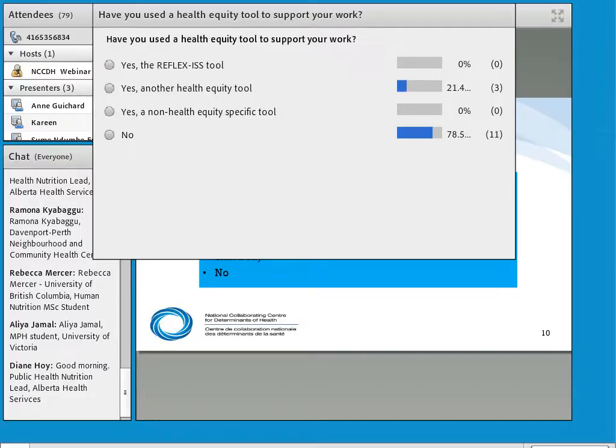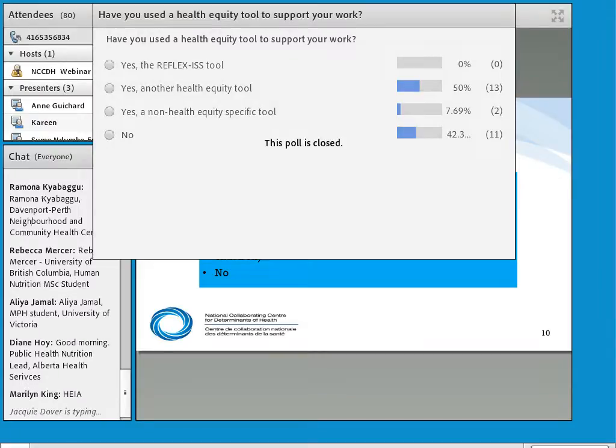Are you using other tools in your work, or are you using tools which are not related to health equity? And for those of you who have used other health equity tools, I see about 45% of people have used other tools. I would love to know what tools you're using. You can drop those into the chat box. If you're joining us by phone only, you can reply to the email you got this morning. Great, thank you very much.